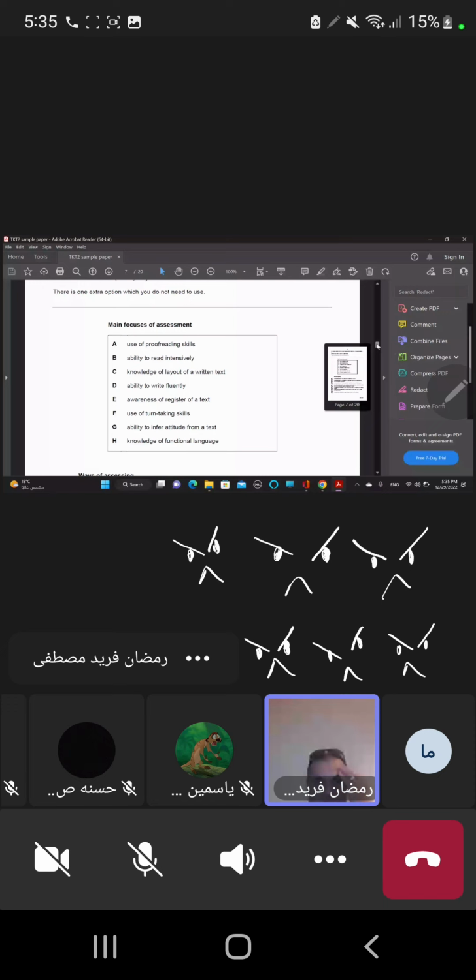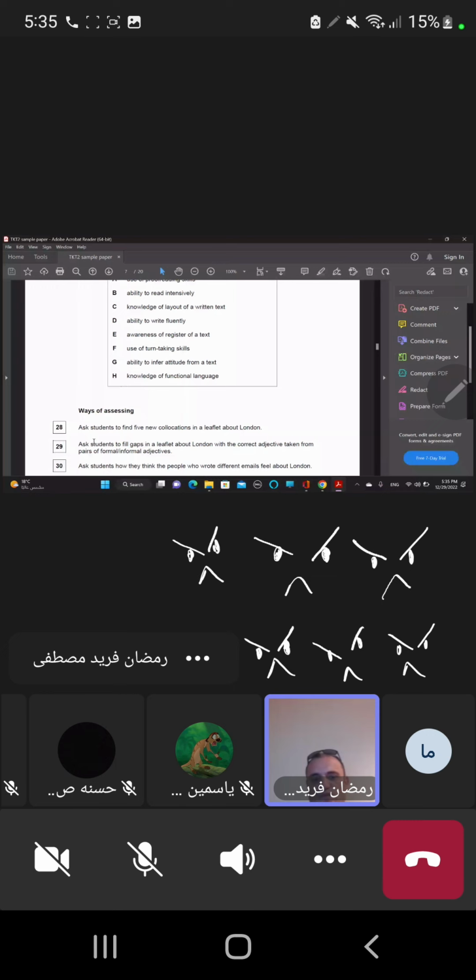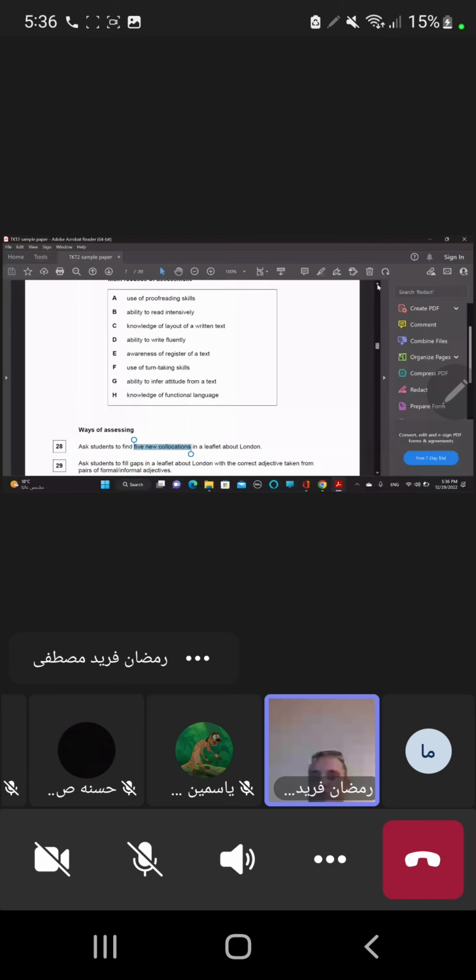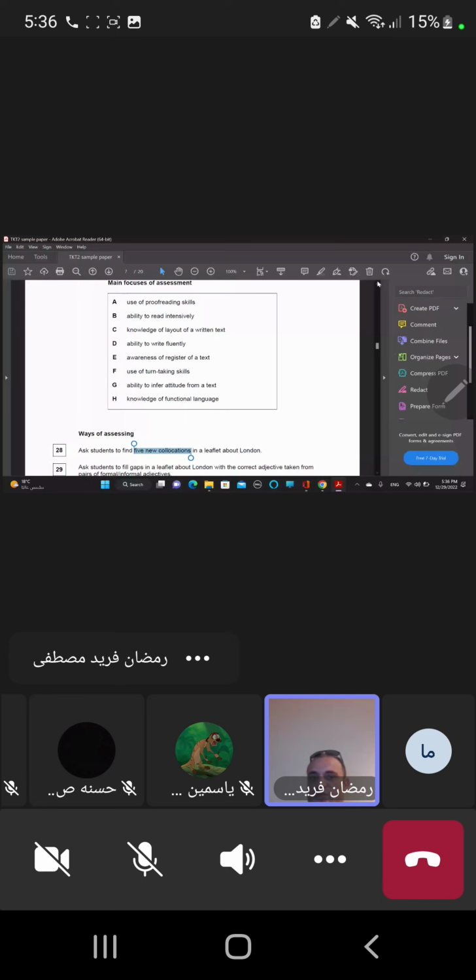So ways of assessment, for example: ask students to find 5 new collocations in a leaflet about London. I give the students a leaflet about London and tell them to find 5 new collocations. Which purpose would this be for?